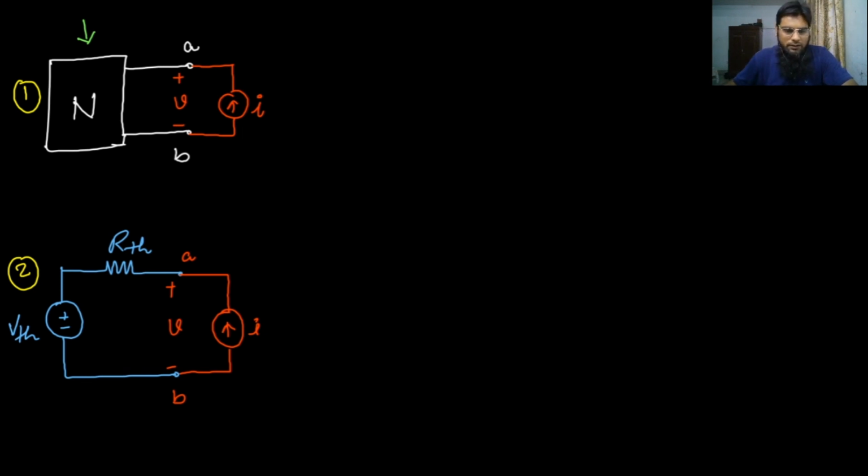For the sake of simplicity, let us consider two independent sources: one is a voltage source Vs, another is a current source Is. We can have multiple voltage and current sources in this network, and a lot of resistances, but we are not bothering about the resistances.